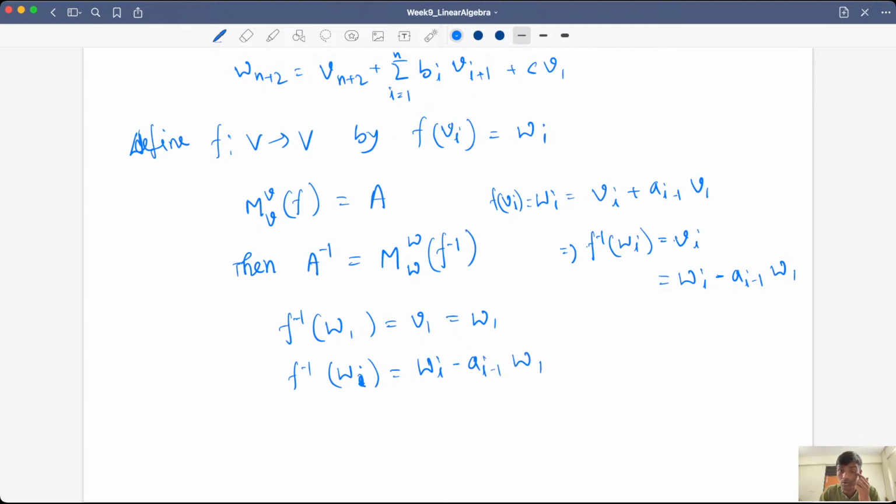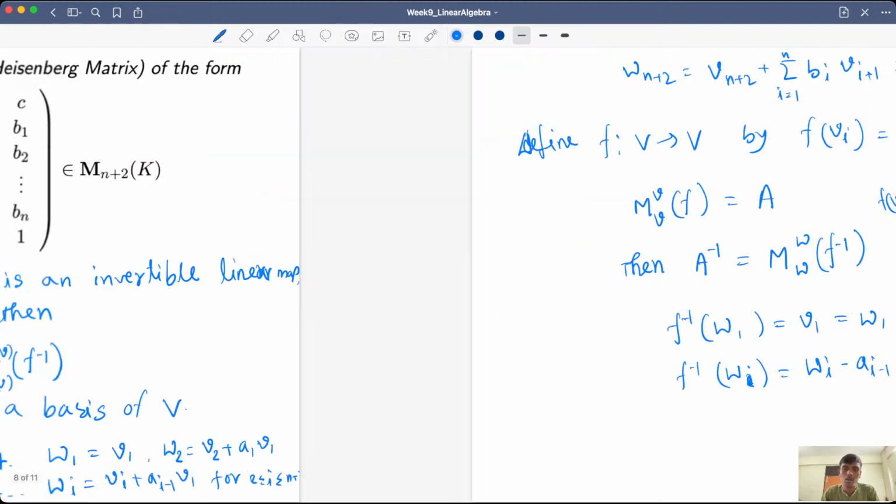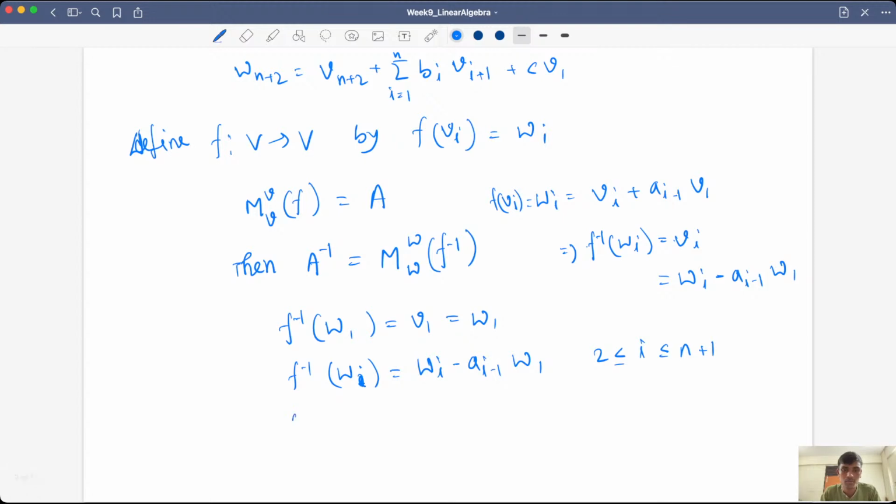So this is true for 2 less equal to i less equal to n plus 1, and for the f inverse of w n plus 2, n plus 2 is clearly v n plus 2. So v n plus 2 again I will write that is w n plus 2 minus the sum over i equal to 1 to n of vi plus 1.